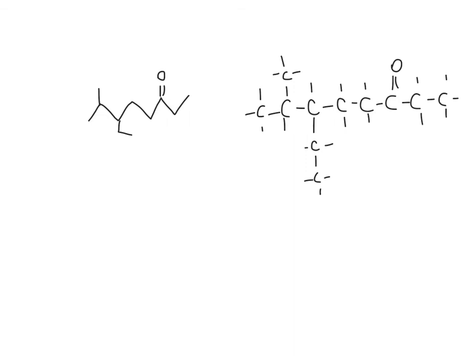So, naming this structure. The longest continuous carbon chain would be 1, 2, 3, 4, 5, 6, 7, 8, or 1, 2, 3, 4, 5, 6, 7, 8. So it is 8 containing the carbonyl group. But one of these gives you a linear side group. That would be an ethyl. There's 2 carbons there.